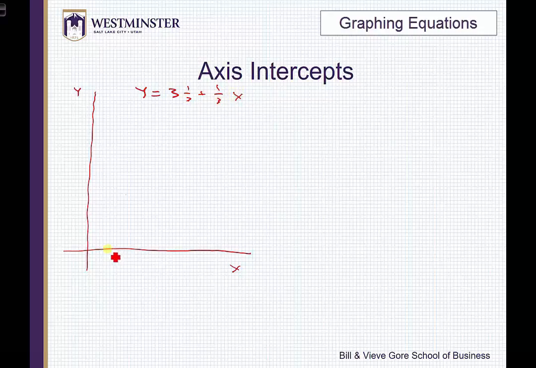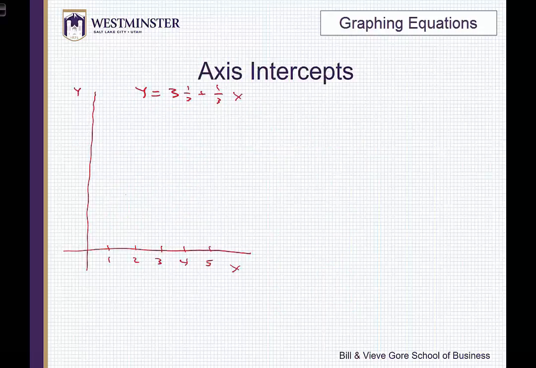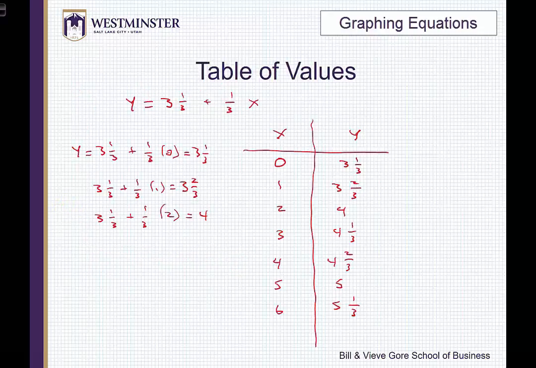And when I had x of 1, 2, 3, 4, and 5, recall that that gave us values of 3 1/3, 3 2/3, and so on. So when x was equal to 1, y was equal to 3 1/3. When x was equal to 5, y was equal to 5.